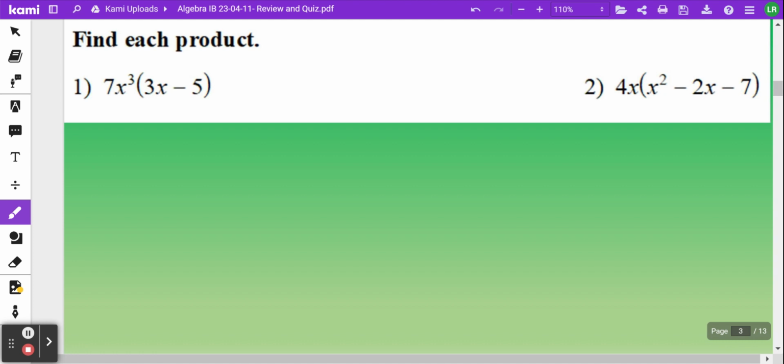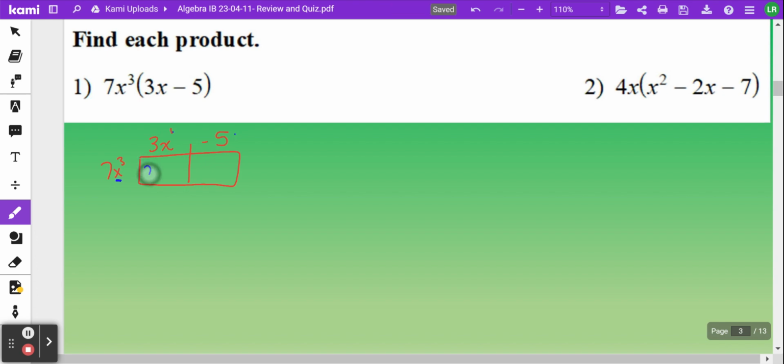All right, this is distributive property. I'm going to use the box. So this is a 1 by 2 box. That's 7x to the 3rd being multiplied to 3x to the 1st and a negative 5. Now remember, if I'm multiplying by an x to the 3rd, both of these exponents should be going up by 3.